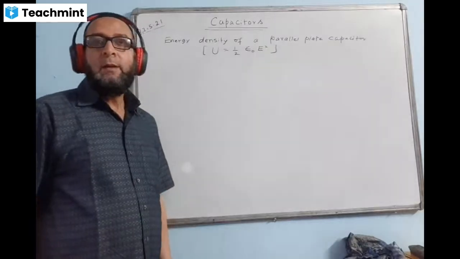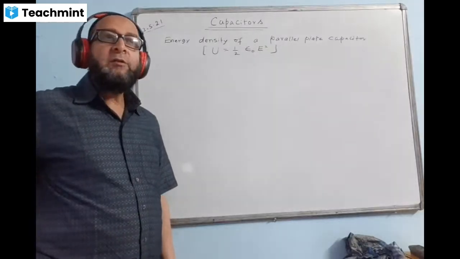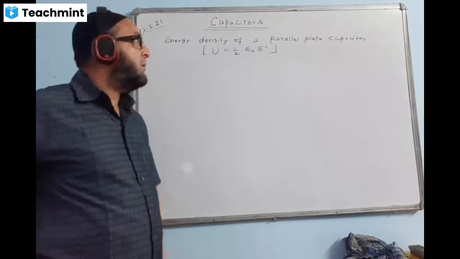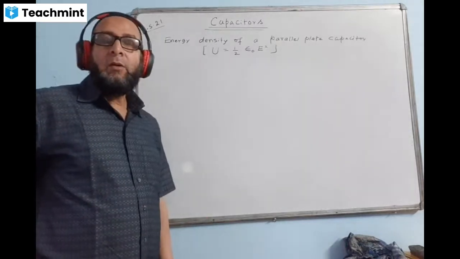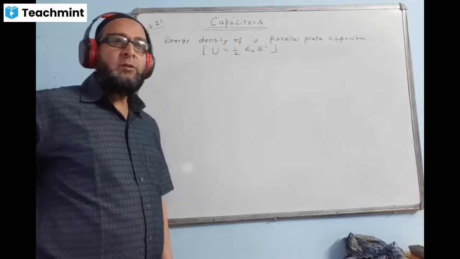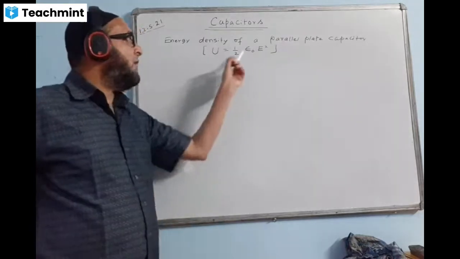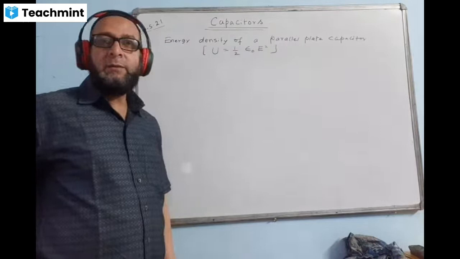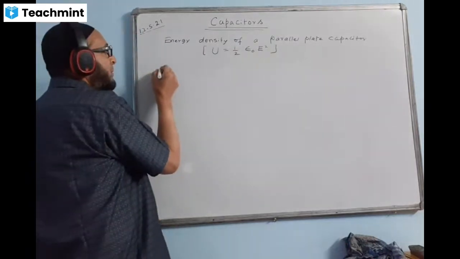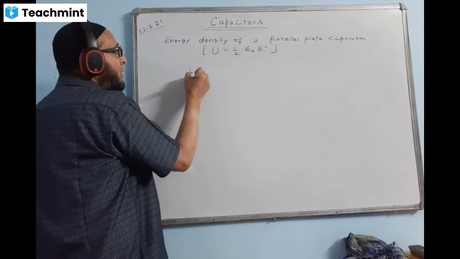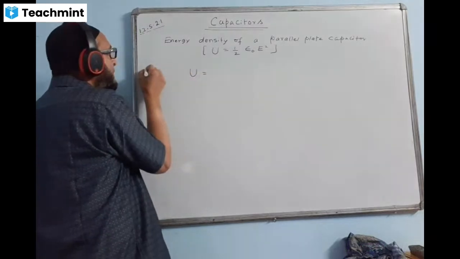They may ask you to write down the expression for the energy density of a parallel plate capacitor, or they may ask you to derive this formula, U is equal to half epsilon naught E square. Now we'll show the answer. U means energy density.